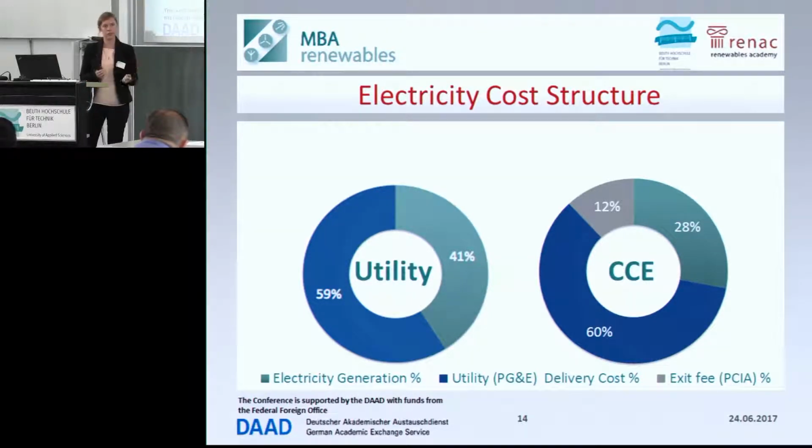Because when a Community Choice Energy starts, they basically take the whole residents and businesses of the city, and so they automatically go into CCE. So in order to compensate the utility that already made procurement for the customers, they have this fee.